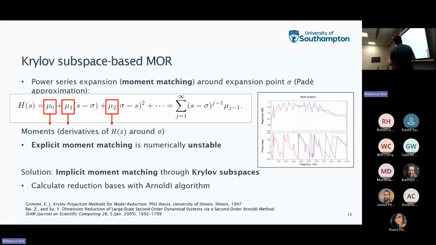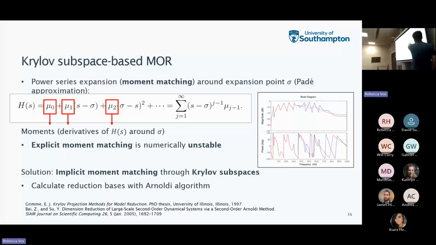Power series expansion, what it does is, let's say we have this blue line here. This is the solution that the full order model gives us. It chooses a certain frequency, let's say the frequency is here in the middle, and then it starts doing this power series expansion. The more moments we take, and these moments are the derivatives of the transfer function around that frequency point, the better we can fit this frequency response function.